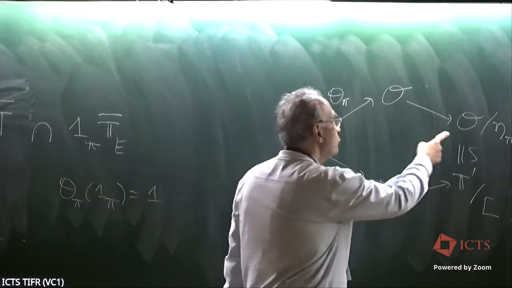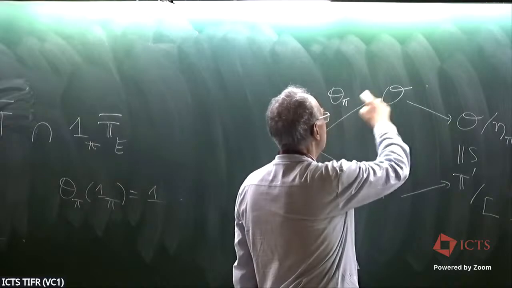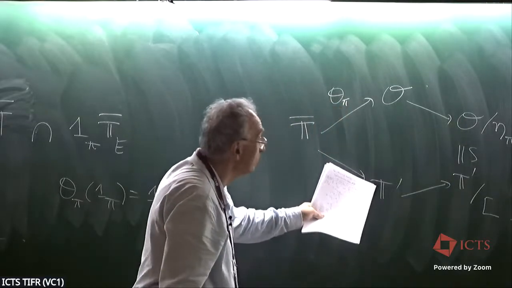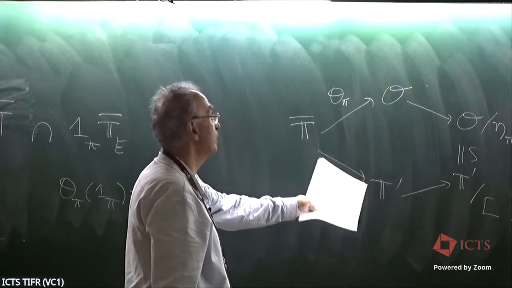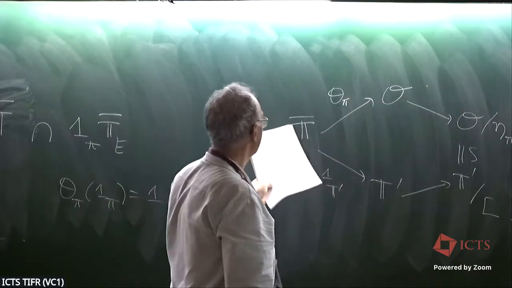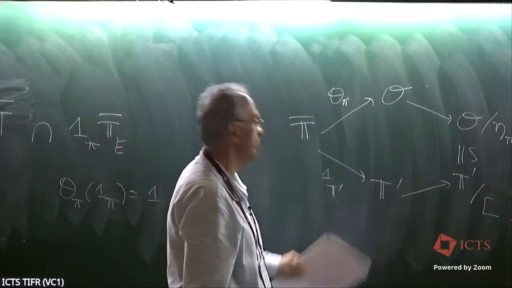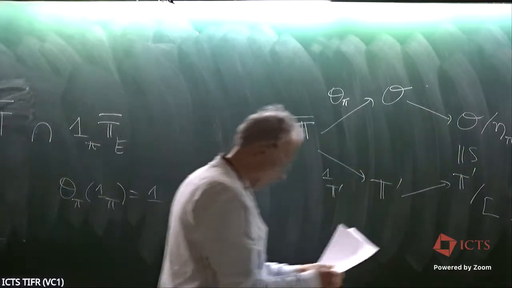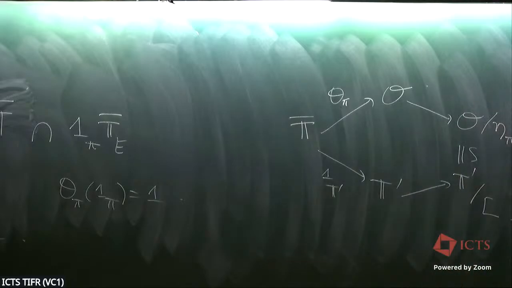So this is the largest quotient for which this diagram factors through T prime, through this map. Okay. So that's the congruence. This congruence number, we call it the Hecke congruence number eta pi.